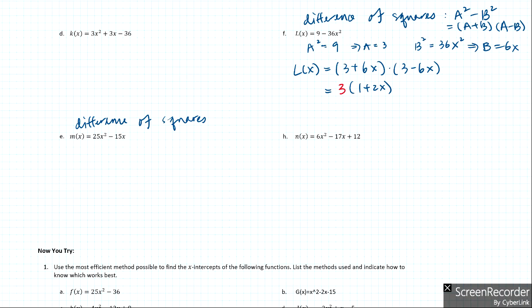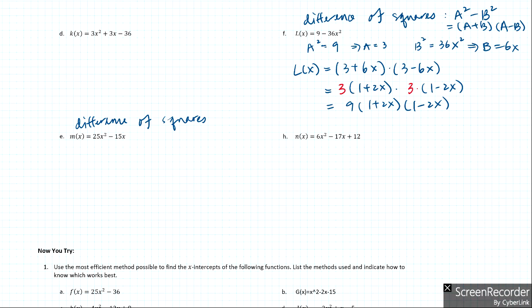And now also recognize that from the second parentheses, the second factor, I still have a factor of 3 to take out. So I would have to take out the 3 again, and then that leaves me with 1 minus 2x over here. And now to put everything together, 3 times 3 can be combined because for multiplication the order doesn't matter, and we would have 9 times 1 plus 2x, 1 minus 2x.